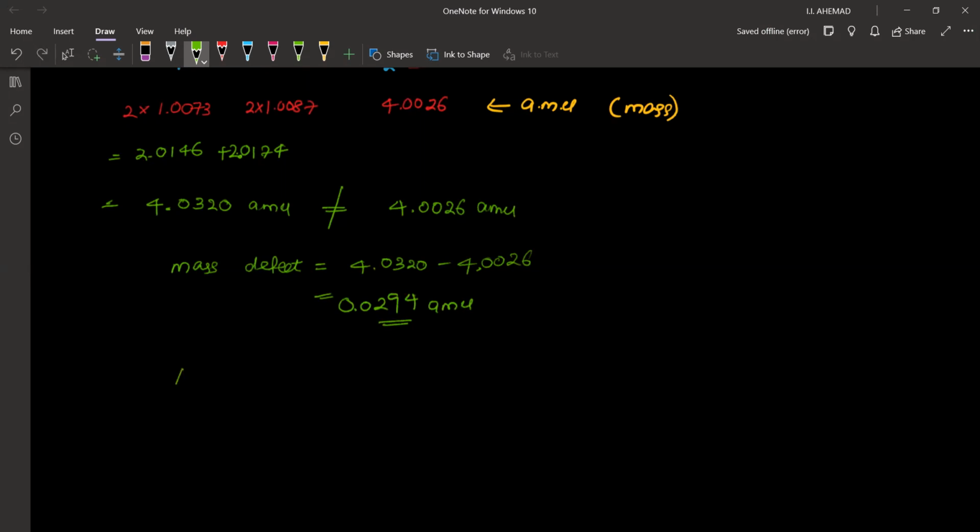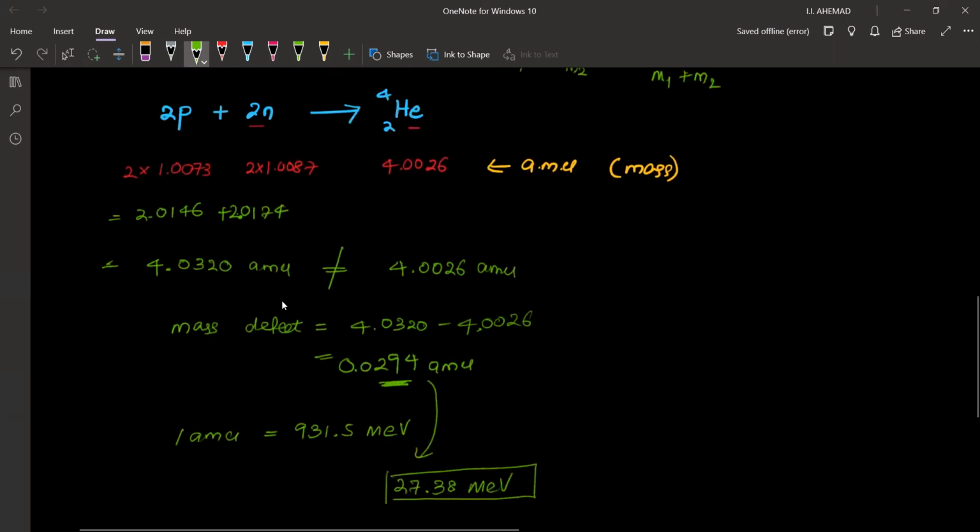But we know that 1 AMU is equivalent to energy of 931.5 mega electron volt. So this amount of AMU, what is that equivalent to? We just multiply that amount with 931.5. So in terms of electron volt energy, that is 27.38 mega electron volt.